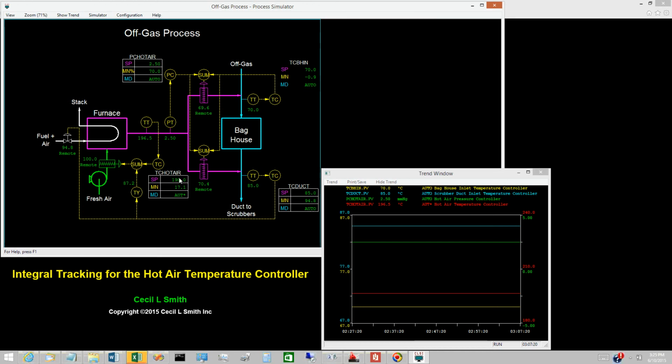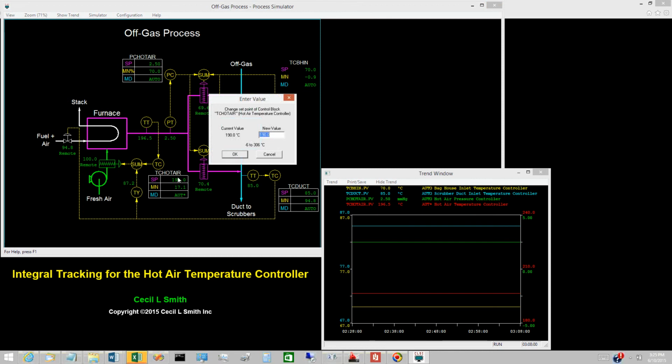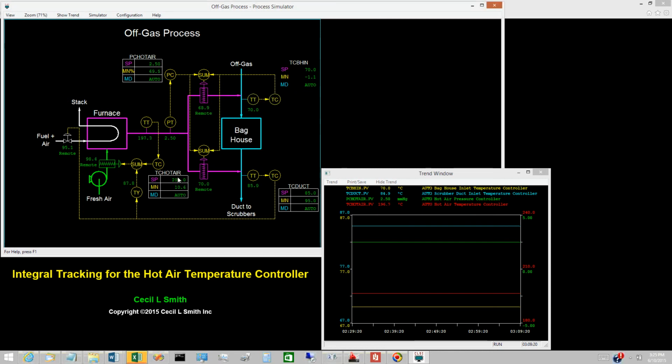Increase the hot air temperature set point to 200 degrees Celsius. The transition from the limiting condition is smooth. Whenever any final control element is driven to a limiting condition, the transition back to normal control should be smooth.